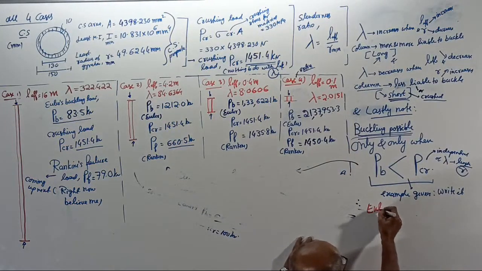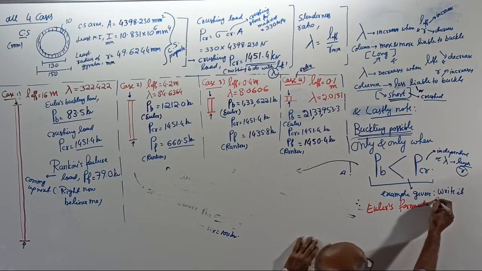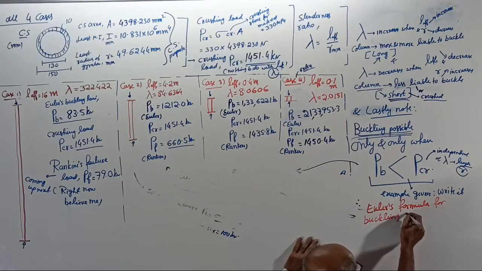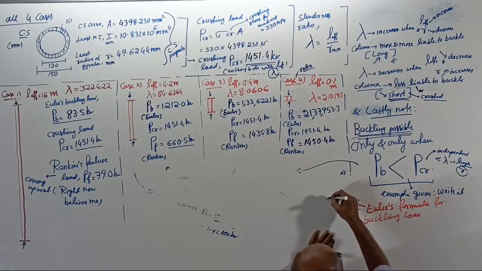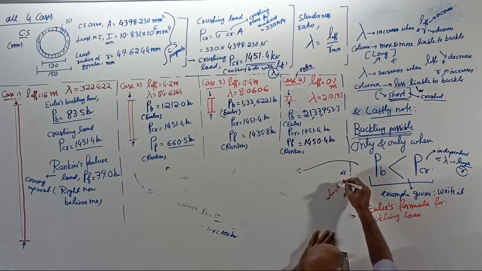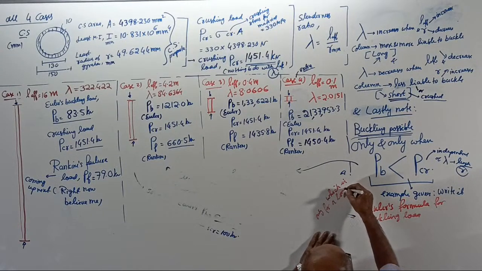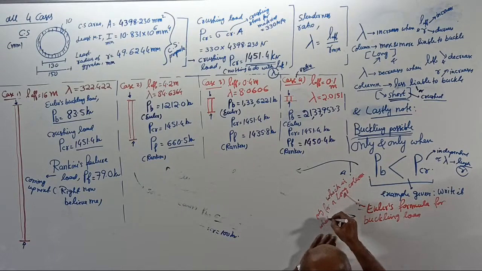Therefore, Euler's formula for buckling load, remember, is only for a long column which fails by buckling alone.